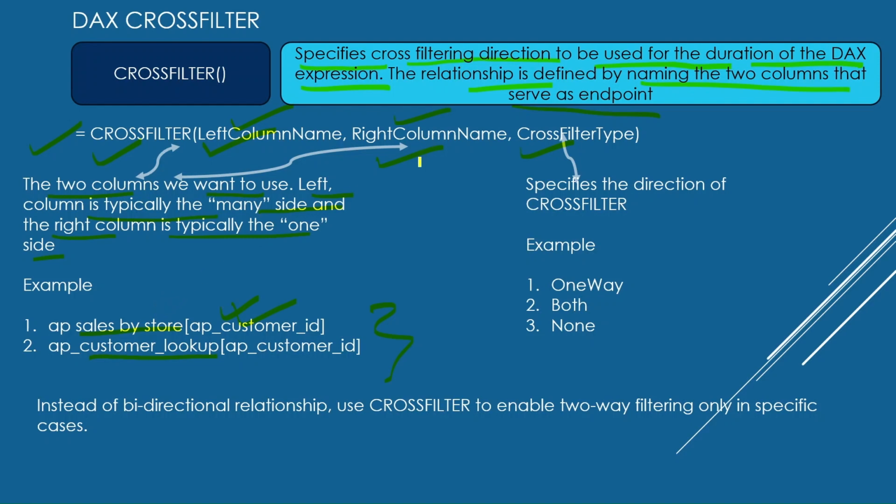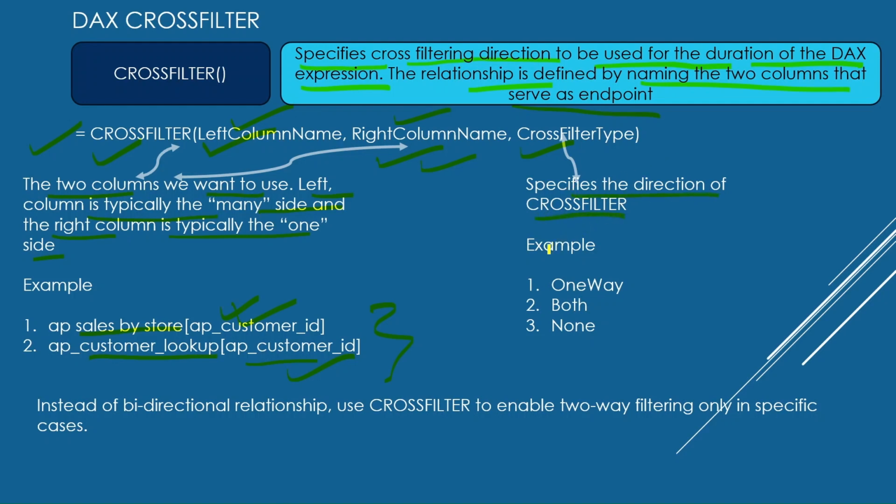The right column name will come from the one side of the one-to-many relationship, so this AP customer ID must come from here in this case.